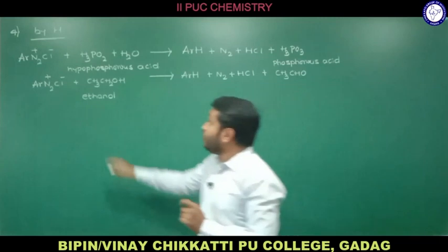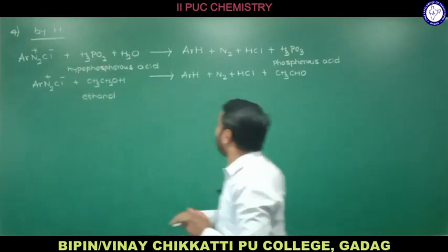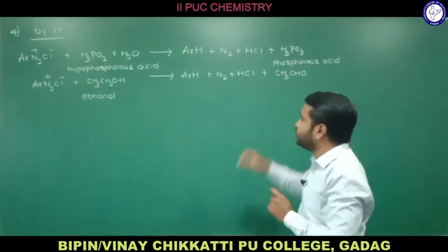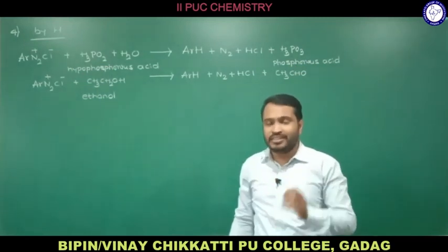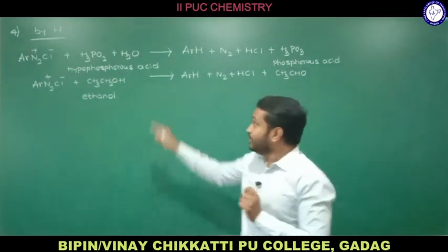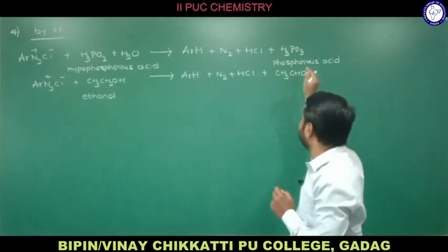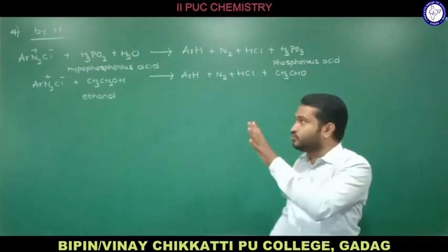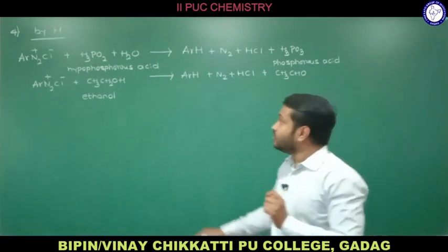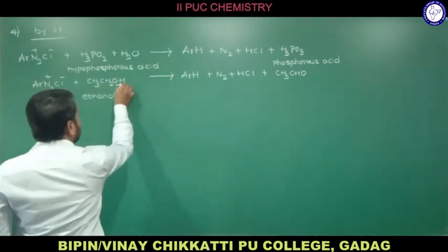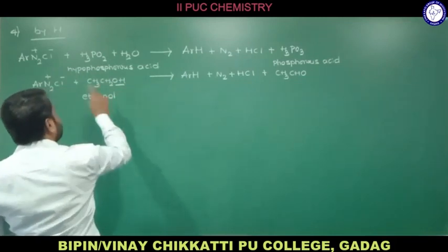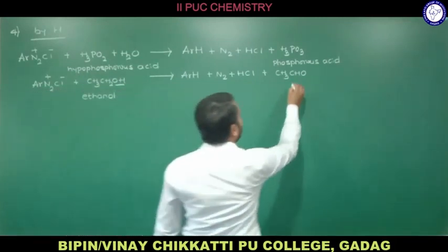If you calculate the oxidation number of phosphorus in this compound and in that compound, we will observe an increase in oxidation number, which stands for oxidation. So H3PO2 to H3PO3 is the oxidation of the reducing agent. In the second one we have ethanol, an alcohol, and as we know, oxidation of alcohols gives aldehydes.